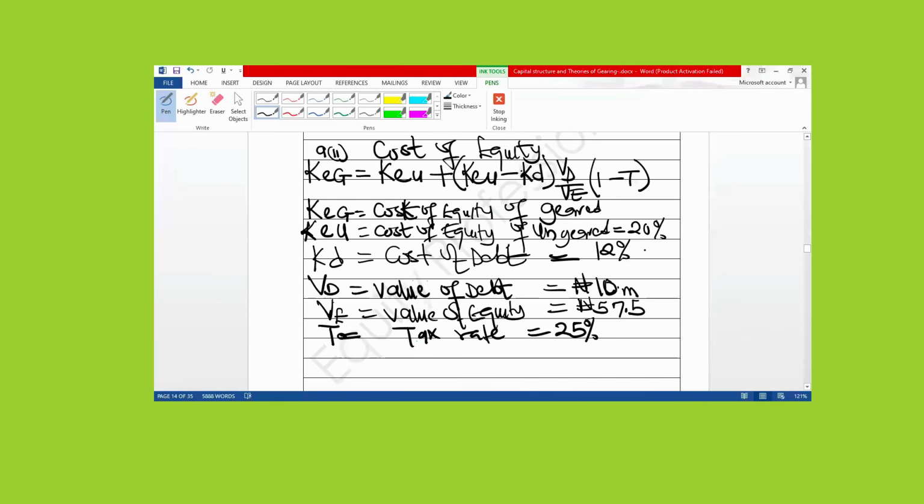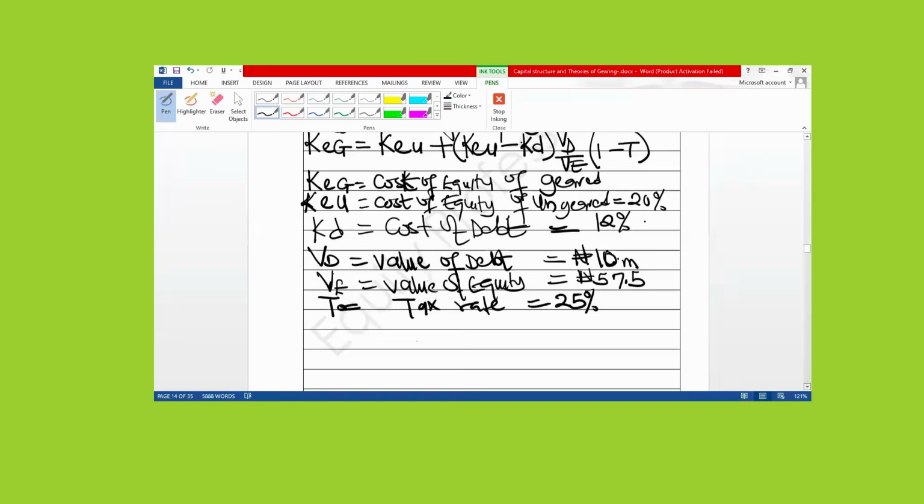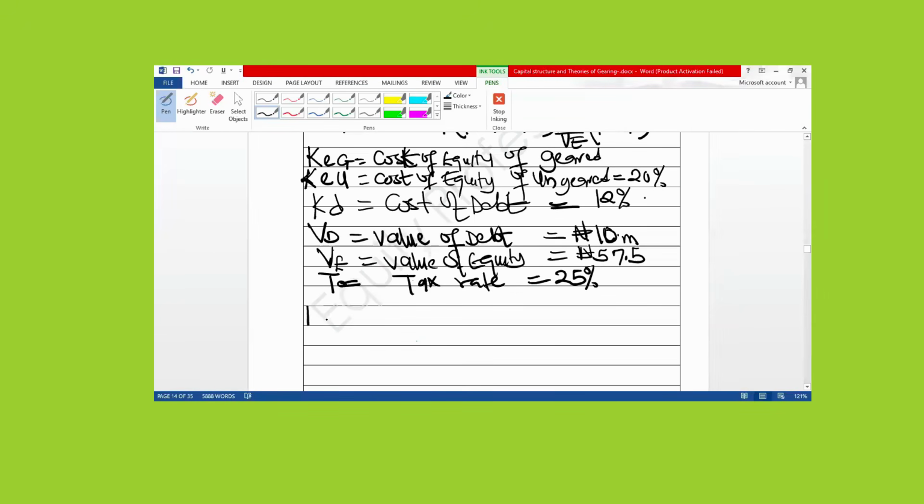You can calculate cost of equity of geared. KEG is equal to cost of equity of ungeared 20. You can ignore the percentage.